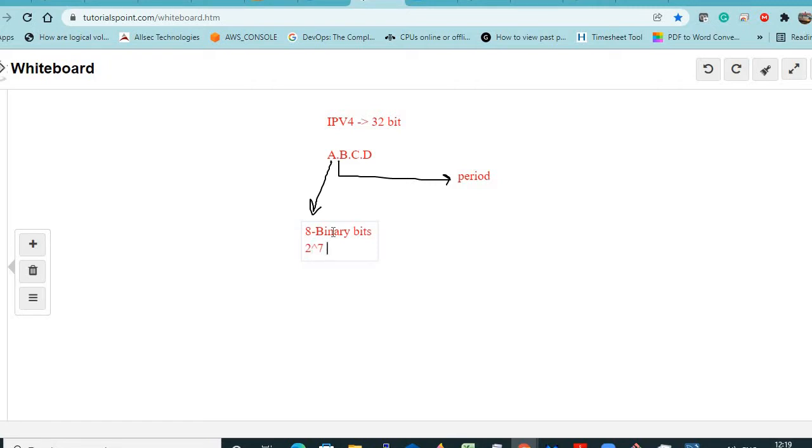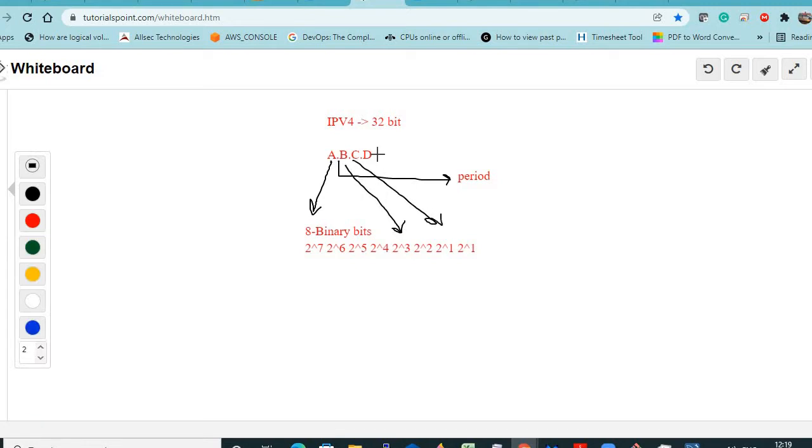So 2 to the power 7, 2 to the power 6, 2 to the power 5, 2 to the power 4, 2 to the power 3, 2 to the power 2, 2 to the power 1, and 2 to the power 0. This will be there in every octet. A will have these many bits, B will have these many bits, C will have these many bits, and of course D will also have that.